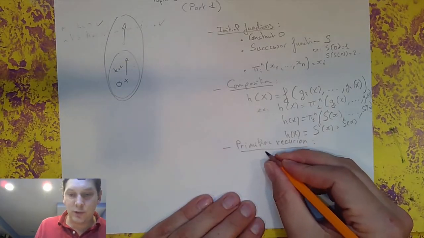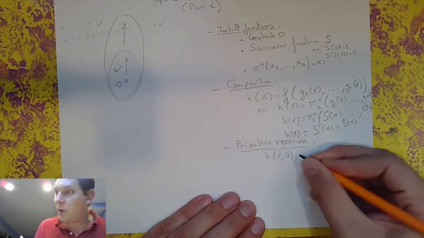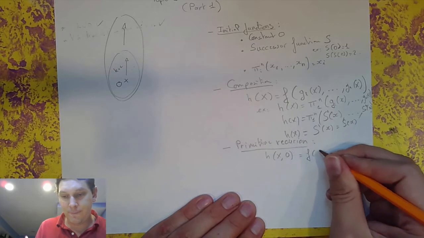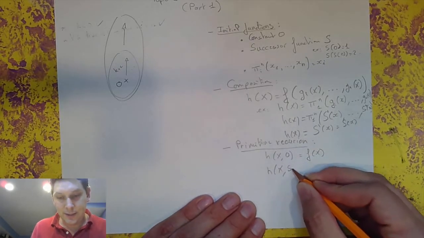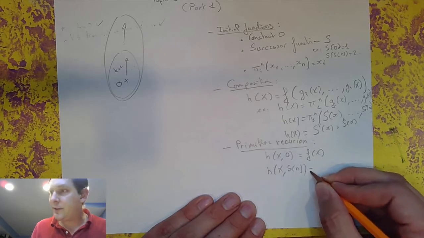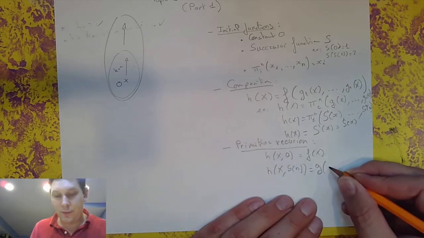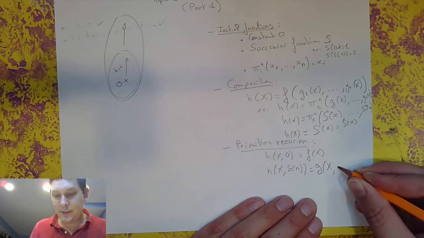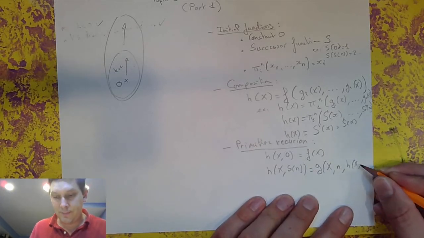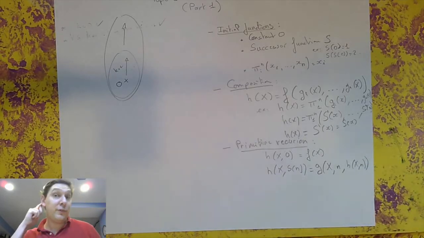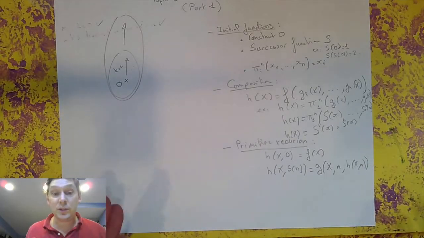The base case is going to be h(x, 0) equals f of x, and h(x, S(n)) equals g(x, n, h(x, n)). You will encounter different notations.